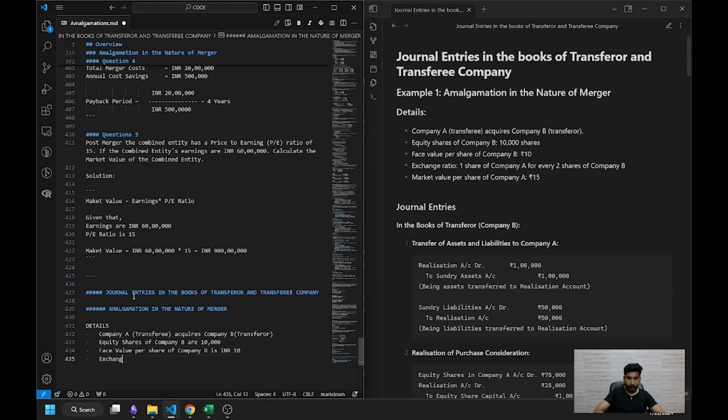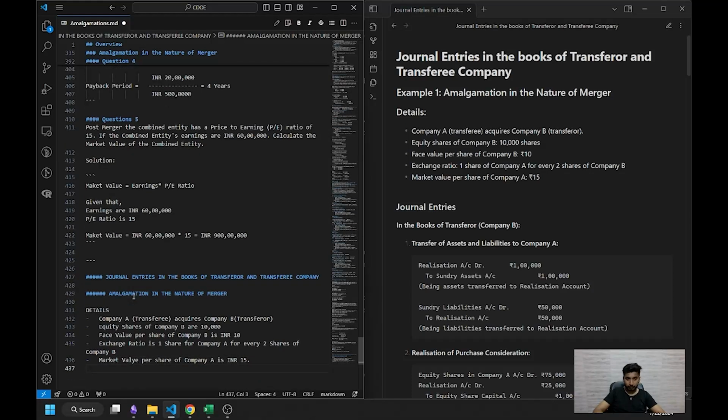Then it is given that the exchange ratio is 1 share of company A for every 2 shares of company B. And the market value per share of company A is rupees 50. This is what is given in the question.